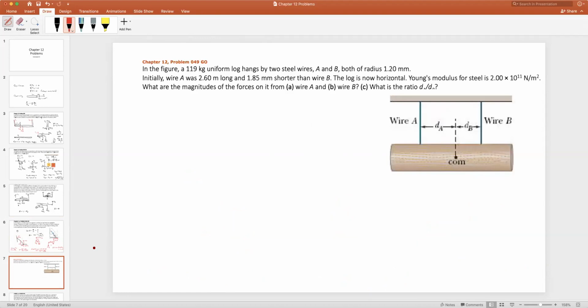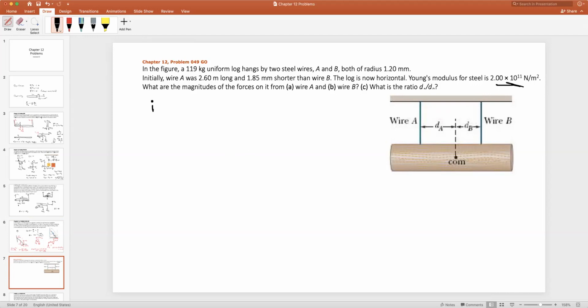So here, this problem, problem 49, is actually equilibrium plus elasticity. How you know that is, in this problem, we immediately see that we're given Young's modulus. And if we're given Young's modulus, you can pretty much bet that you're going to use it for elasticity.